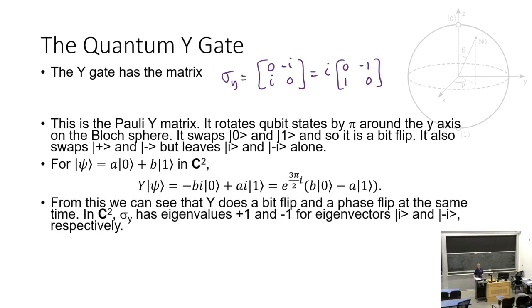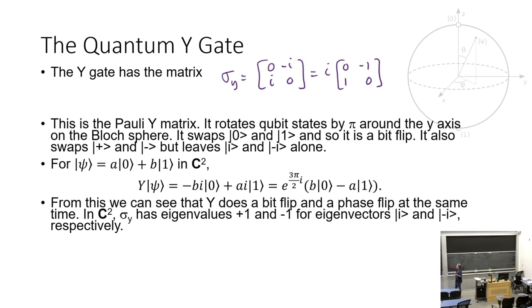And from this, we can see that Y does a bit flip, and it does a phase flip at the same time. You can see that from the fact that the probabilities switch and the sign changes.